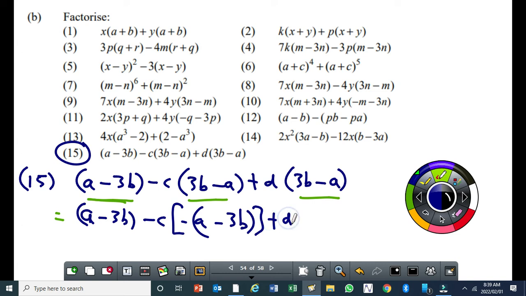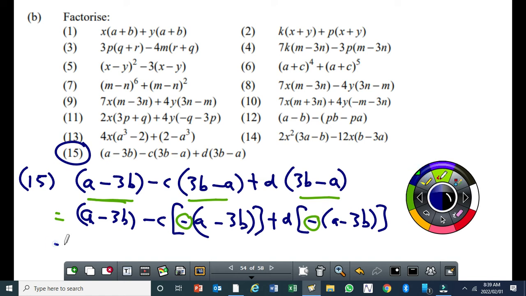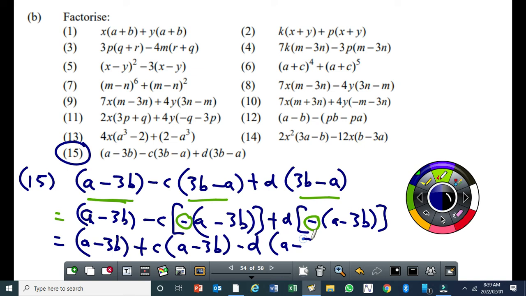Then this one is going to become d times minus a minus 3b. Then I'm sure you can see that we need to remove this negative one here and that negative. So the c becomes positive, the d becomes what? Negative. Right? So we'll end up having a minus 3b, minus, actually becomes a plus c times a minus 3b, minus d times a minus 3b.